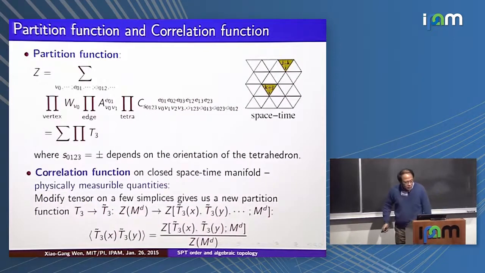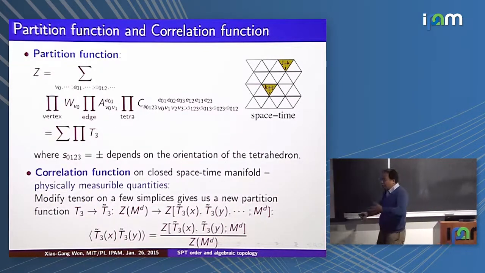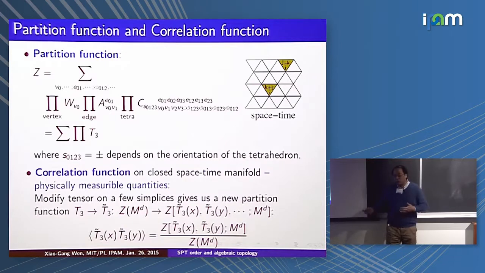Once you have the system, you can compute so-called measurable quantities. Measurable here does not necessarily mean measurable in the laboratory, but measurable in numerical computation at least. One is the so-called partition function.